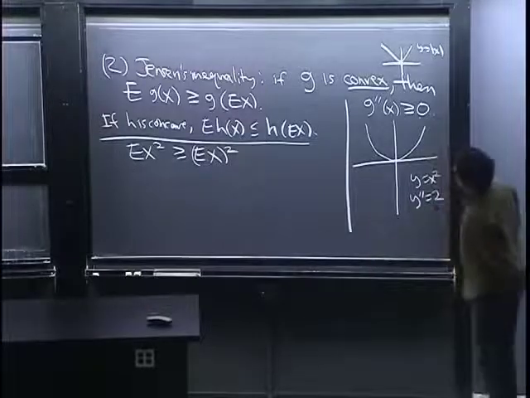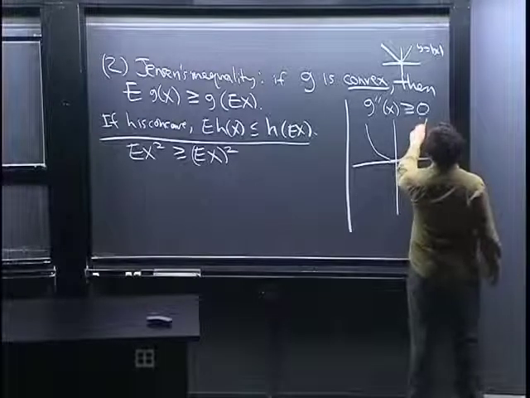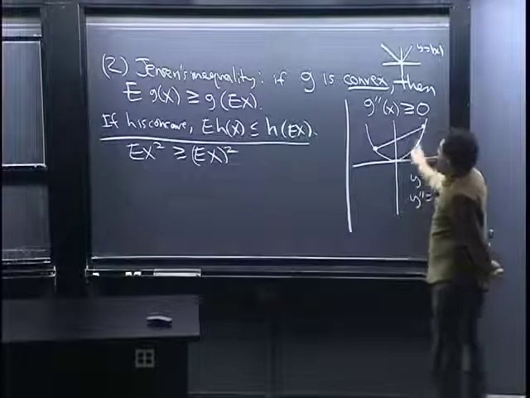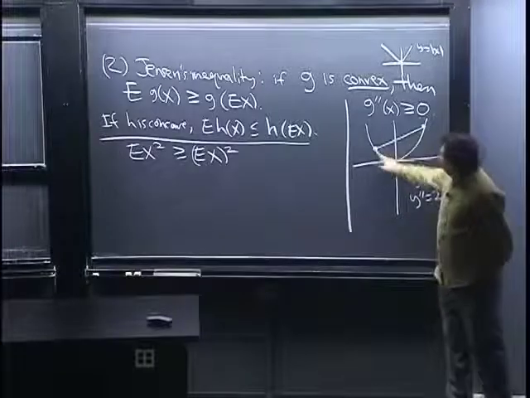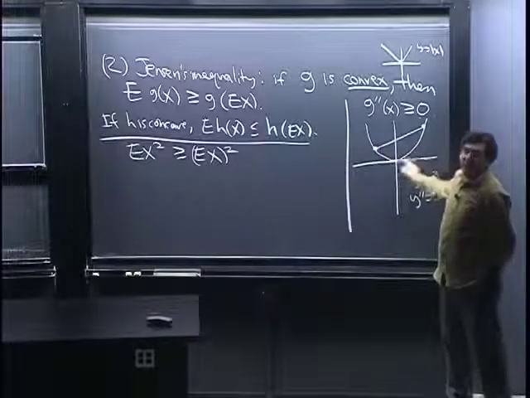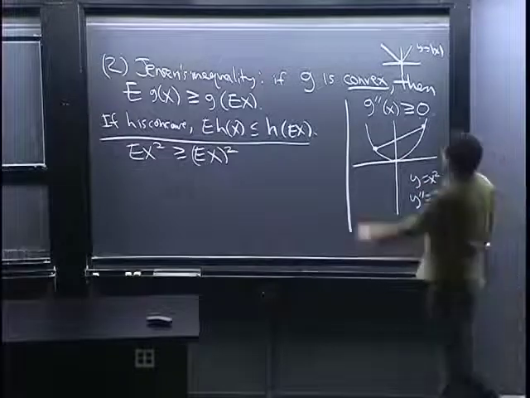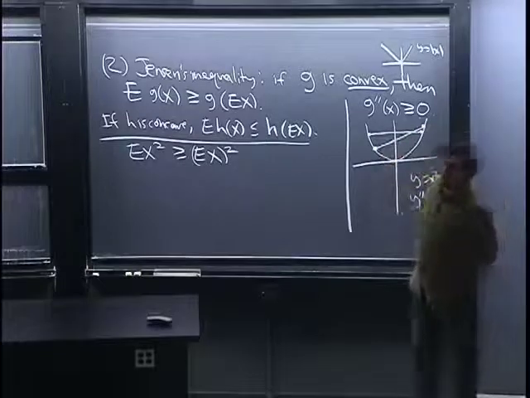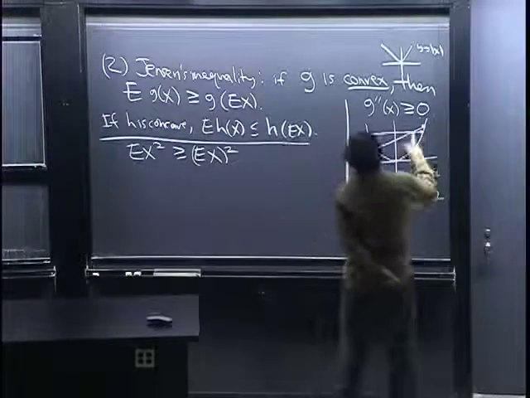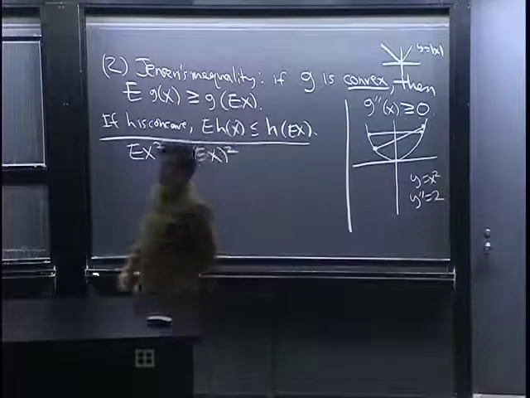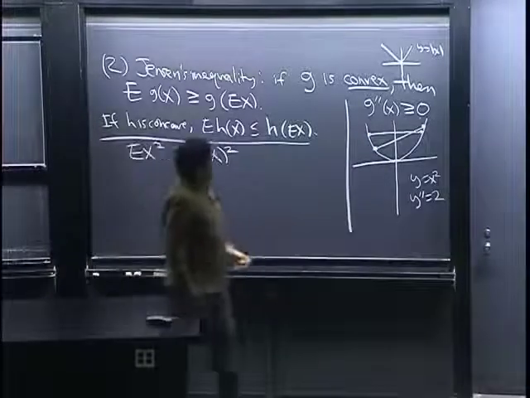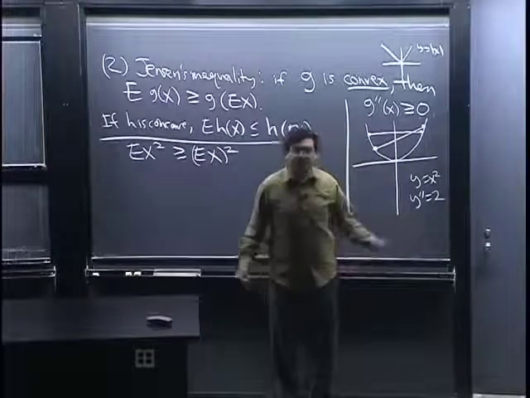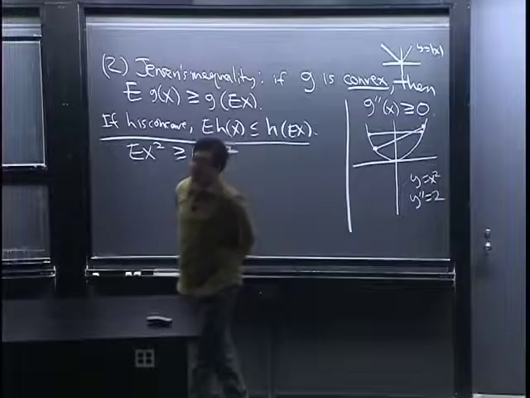So the definition is that if you take any two points on the curve and connect them, this line segment is above the curve. That's what it means geometrically. Pick any two points you want, and the segment is above the curve. It doesn't cross below the curve. That's true for the absolute value as well. So that's the geometric interpretation, but if the second derivative exists, it's usually easiest to just take the second derivative and see if that's non-negative.